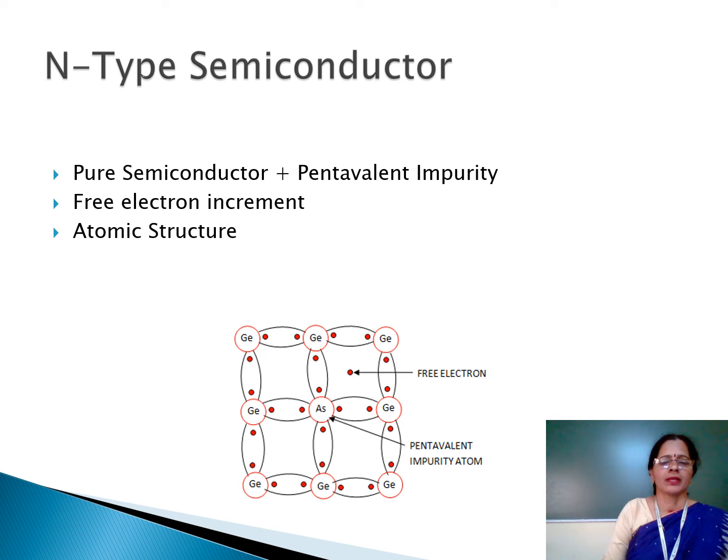So it is clear that due to the addition of one arsenic impurity atom, we get one extra free electron. If a small piece of arsenic carries millions or billions of arsenic atoms, we get millions or billions of extra free electrons. Accordingly, due to the addition of pentavalent impurity, we get a large number of free electrons.